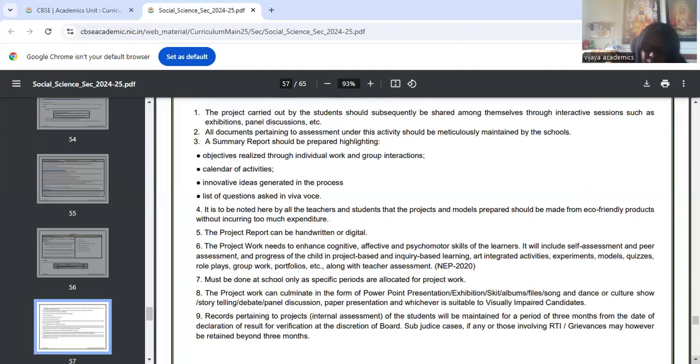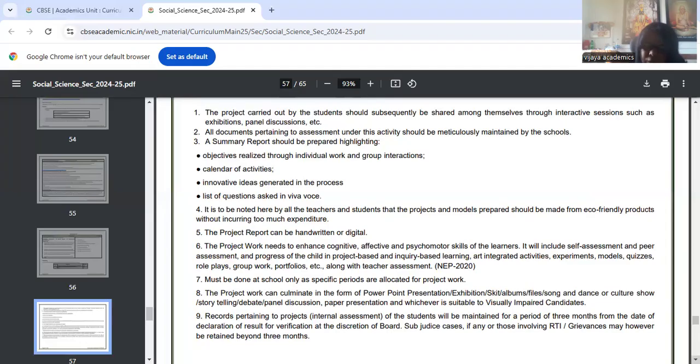The project work can culminate in the form of PowerPoint presentation, exhibition, skit, albums, files, song and dance or cultural show, storytelling, debate, panel discussion, paper presentation, and whichever is suitable for visually impaired candidates.